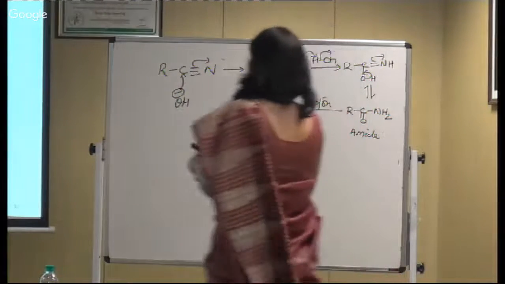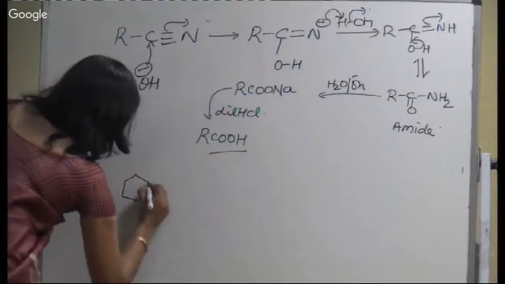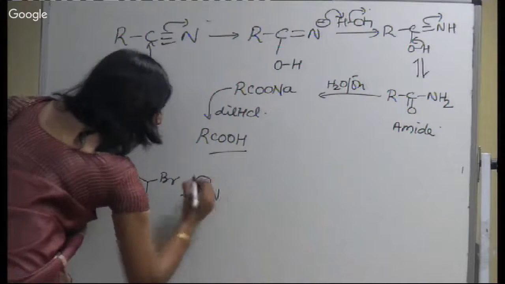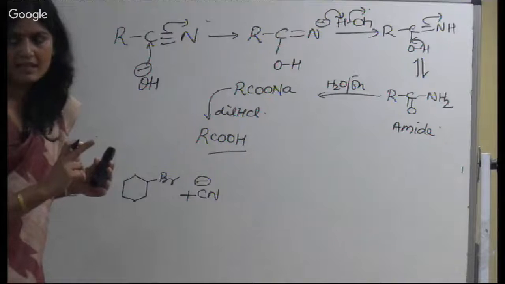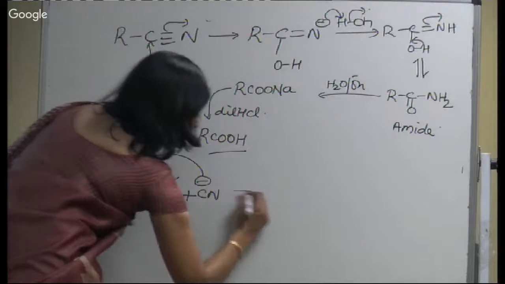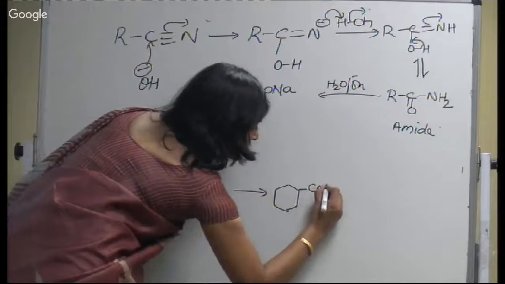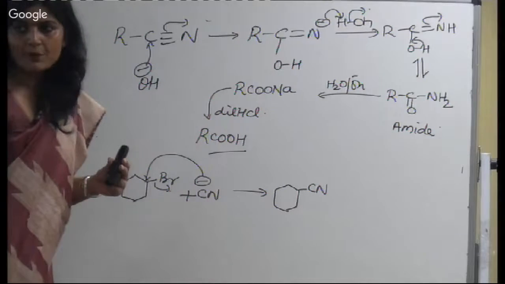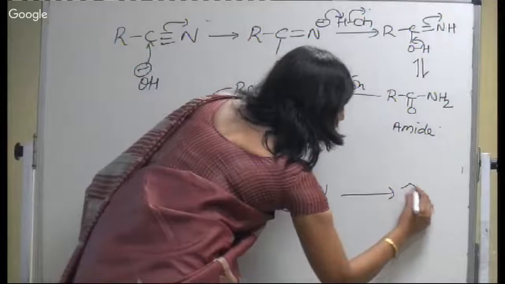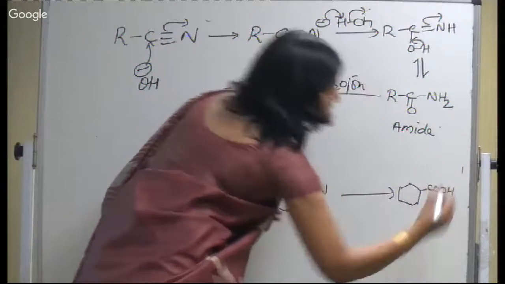If you have an alkyl halide, I have taken here cyclohexyl bromide. When you react with CN minus, you have a nucleophilic substitution reaction taking place, right? To give you the corresponding nitrile, and then this will be hydrolyzed to give cyclohexane carboxylic acid as the product.